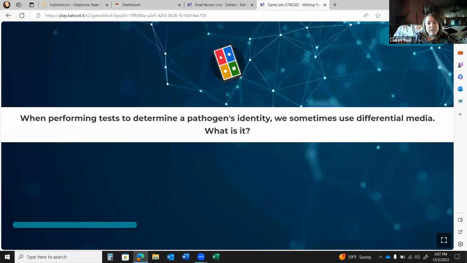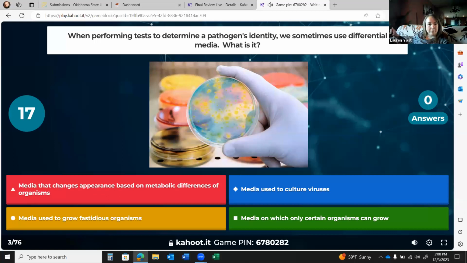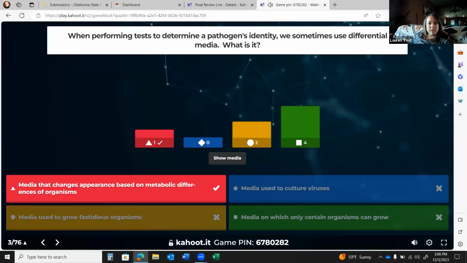Okay, when performing tests to determine a pathogen's identity, we sometimes use differential media. What exactly is differential media? Okay, so differential media is media that will change color somehow, usually in response to some sort of metabolic byproduct in the whole process of breaking something down, like what we see with the urease and that sort of stuff.